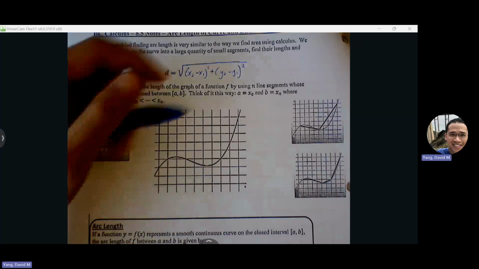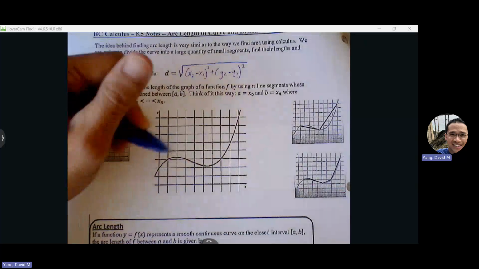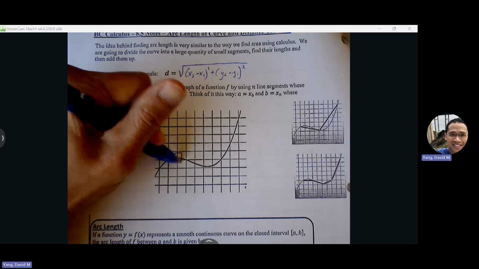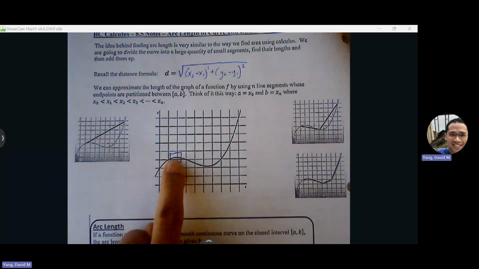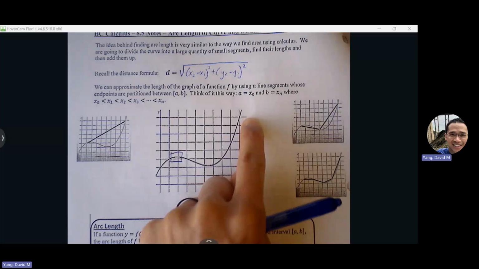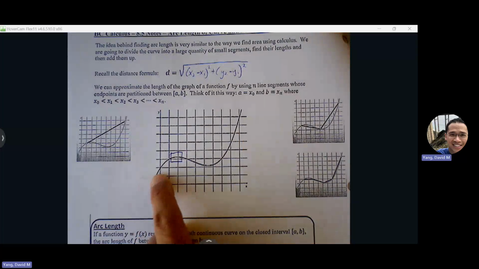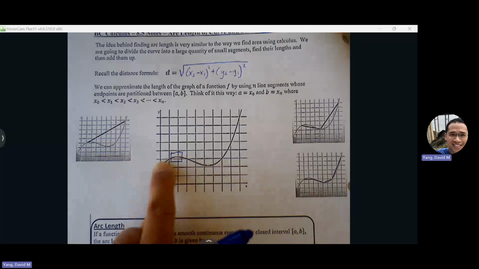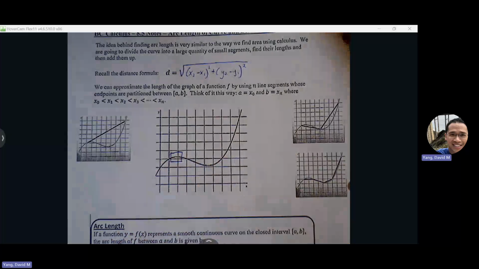The idea is that we can take any curve, and if we zoom in on the graph far enough, it'll begin to resemble a very short straight line segment. If we add up infinitely thin straight line segments, we're going to achieve the length of the curve.